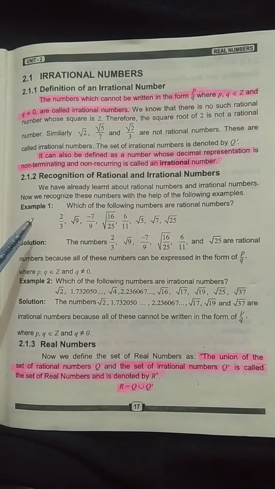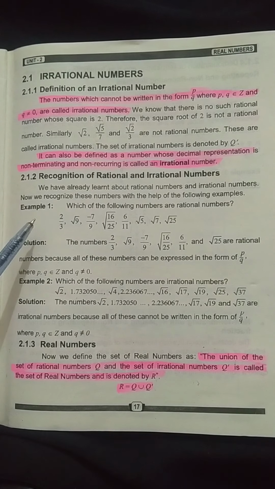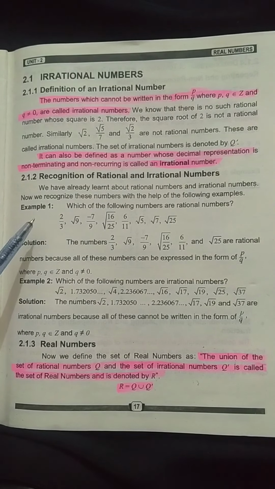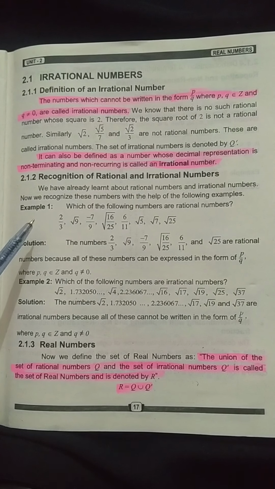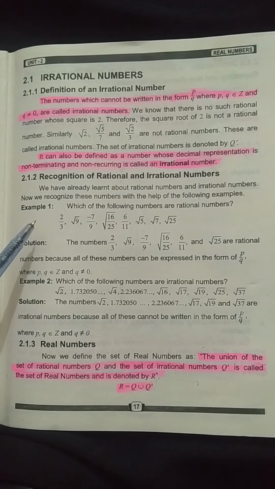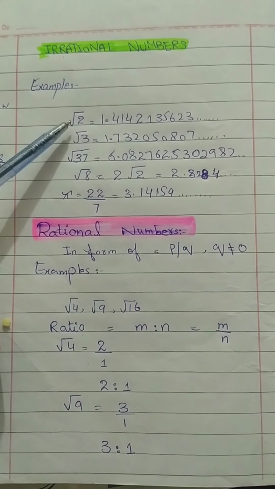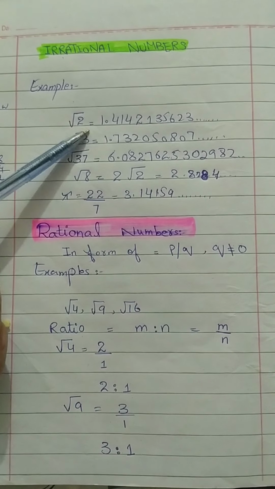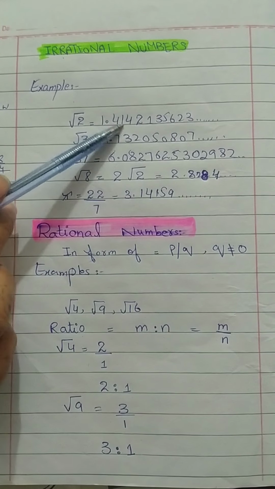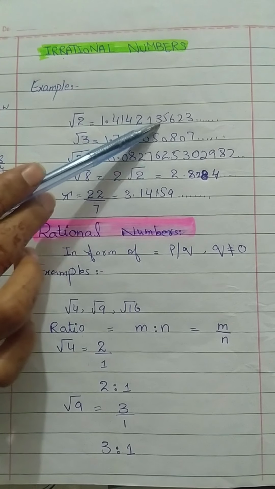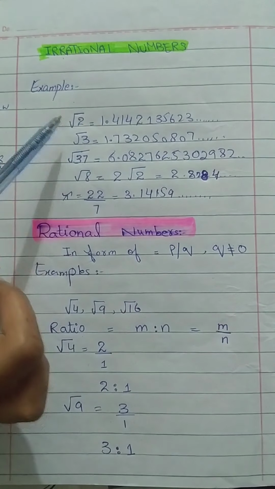It can also be defined as a number whose decimal representation is non-terminating and non-recurring is called an irrational number. For example, square root of 2 equals 1.4142135 and so on infinitely.